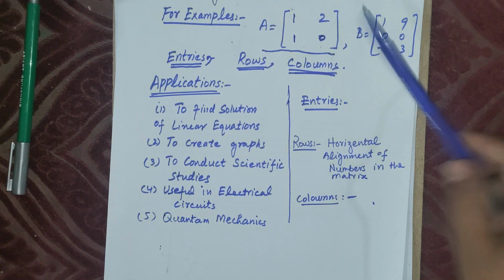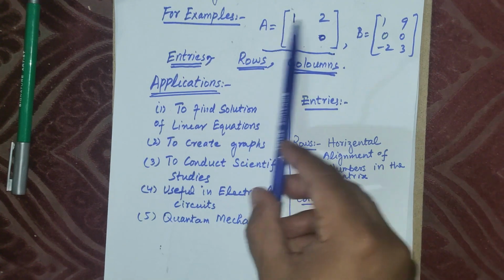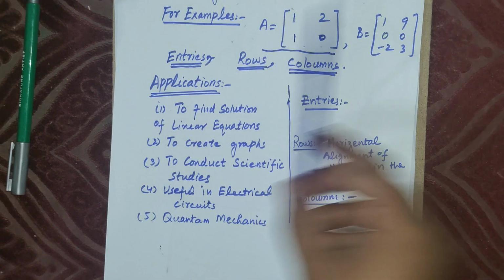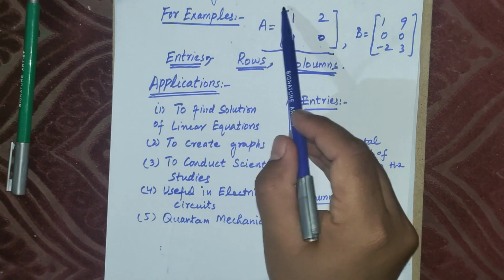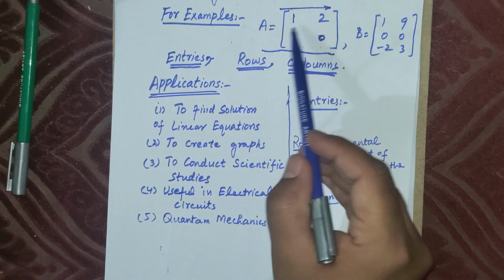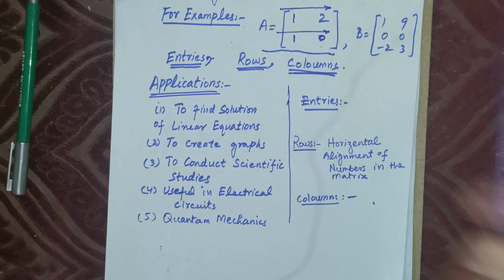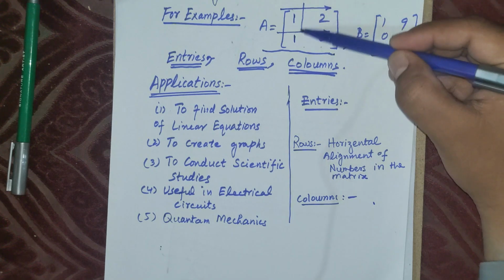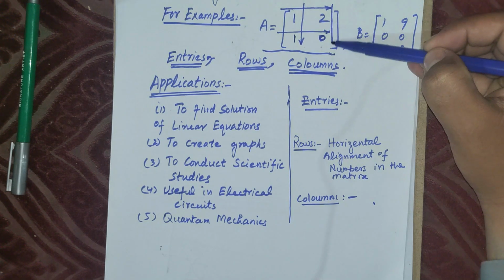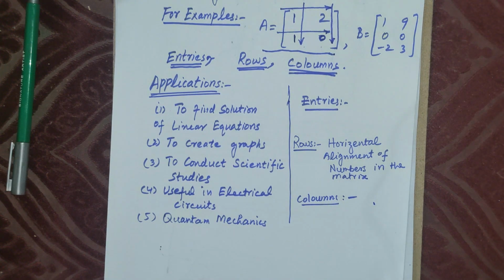Rows are the horizontal alignment of numbers in the matrix. And columns are the vertical alignment of numbers inside the matrix.